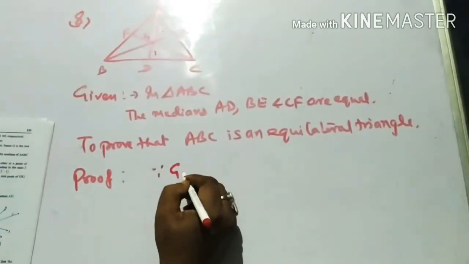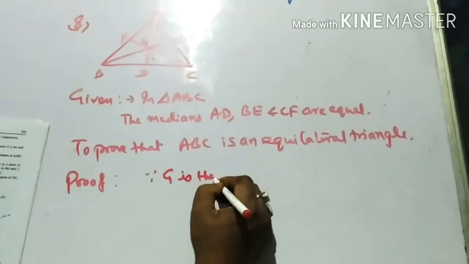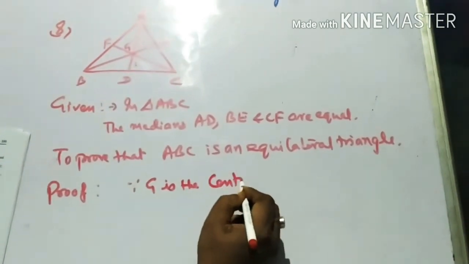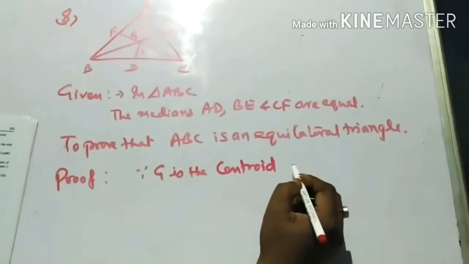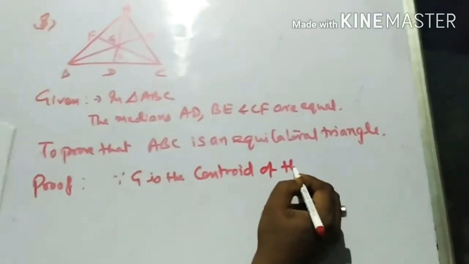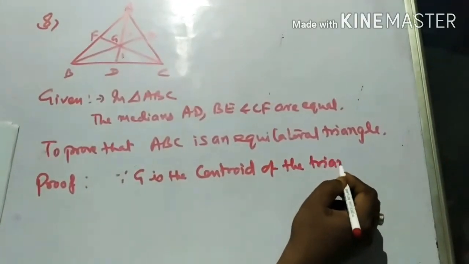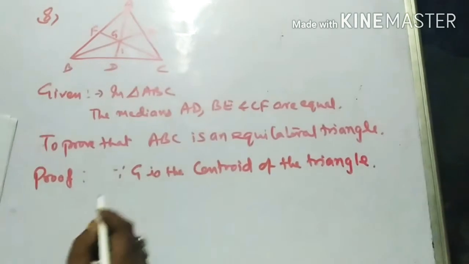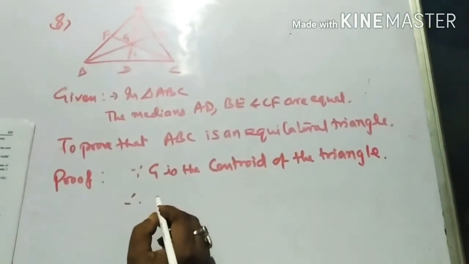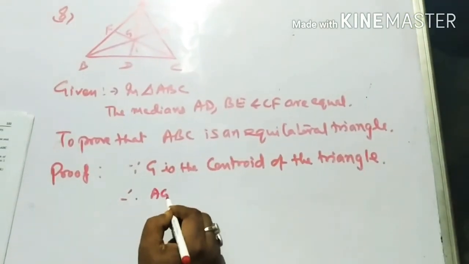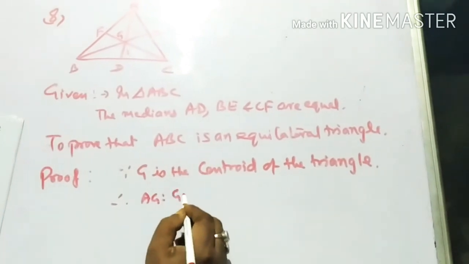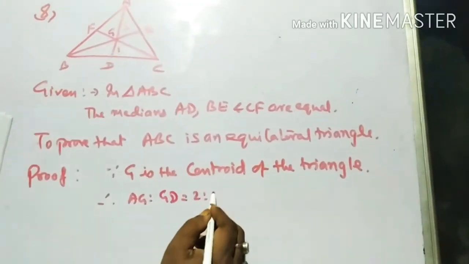Since G is the centroid of the triangle, therefore AG is to GD is equal to 2:1.